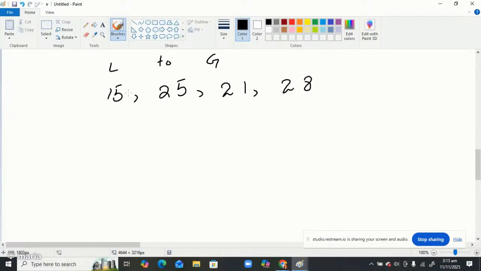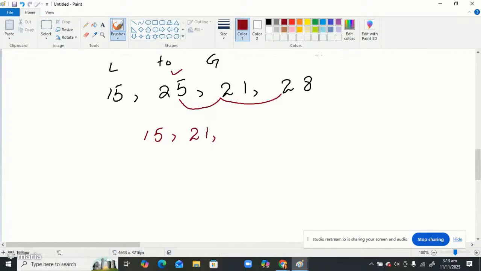Okay, so first of all you tell me what is the least number in all of it. It's 15, 25, 21 or 28. What's that? It's 15. That is the least number. Then what comes next in all of these? What is the smaller number? That is 21.